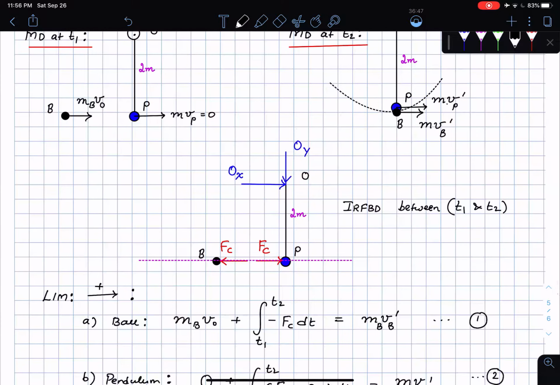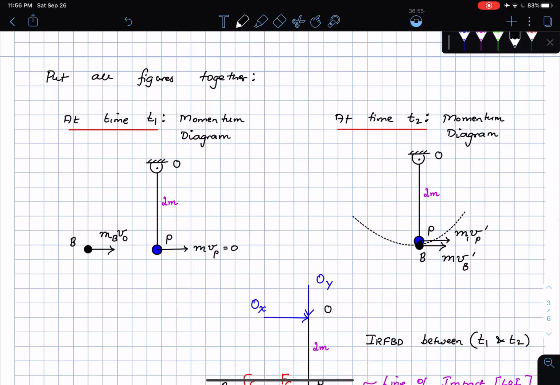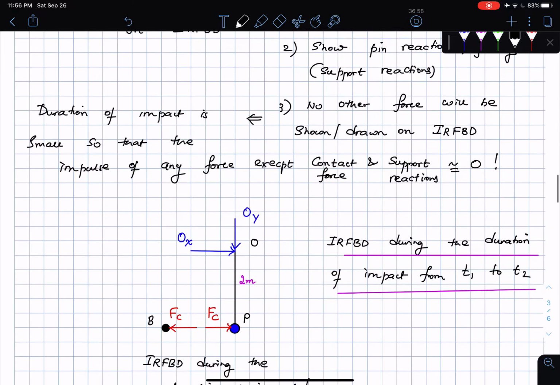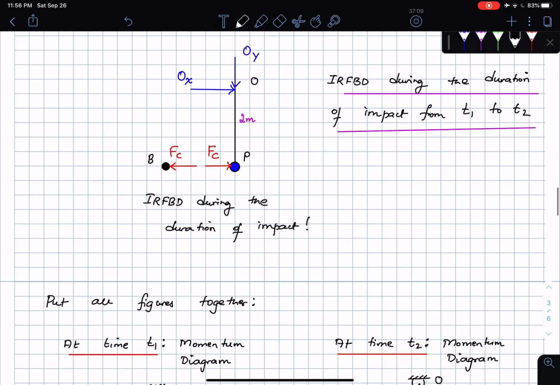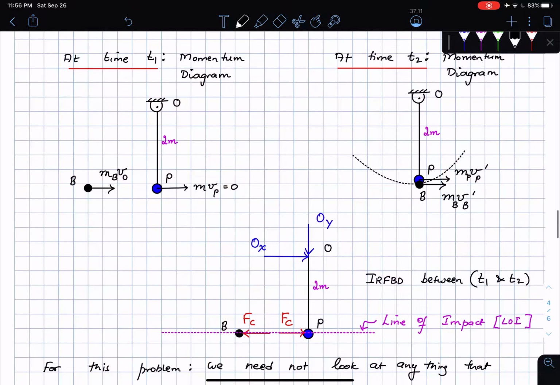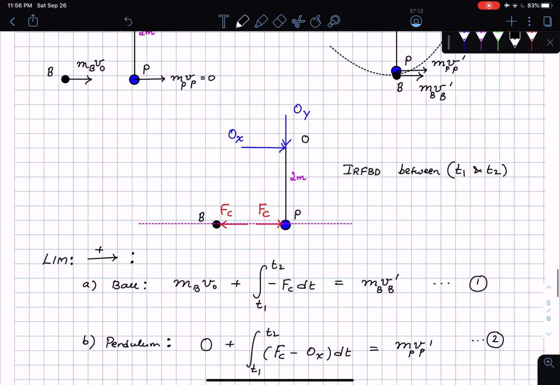So this is mass of the pendulum, mass of the ball. Let me also make sure that my figures here are right. This is mass of the pendulum, mass of the ball, and that is also to be drawn here. Okay, we're good to go.